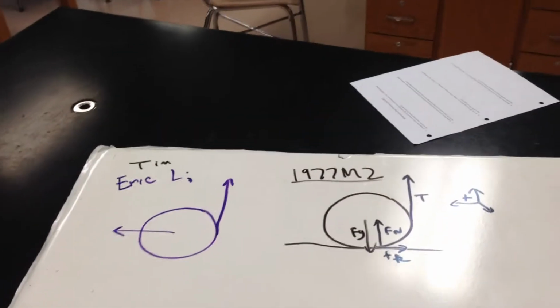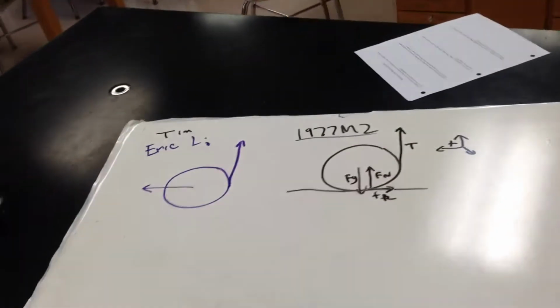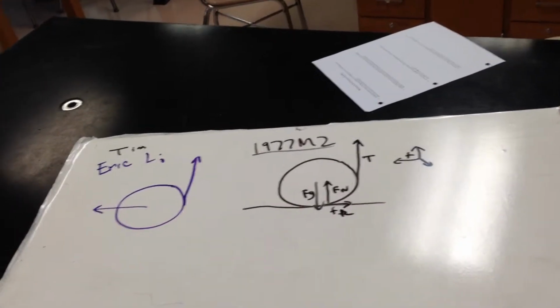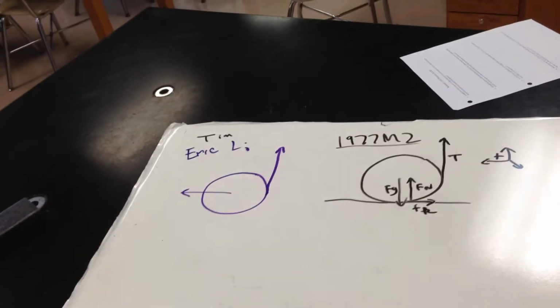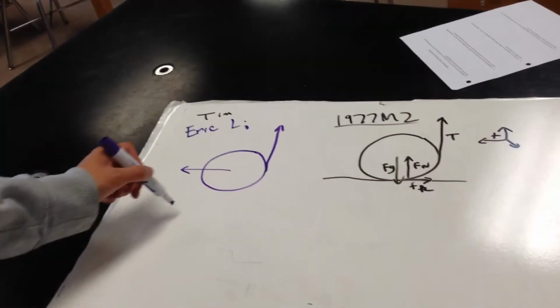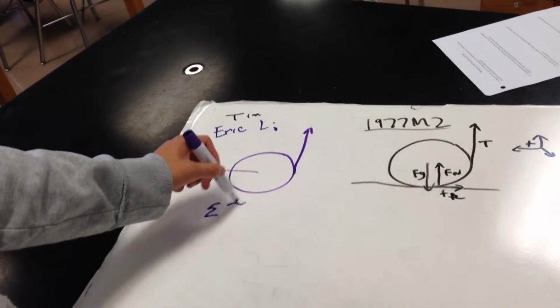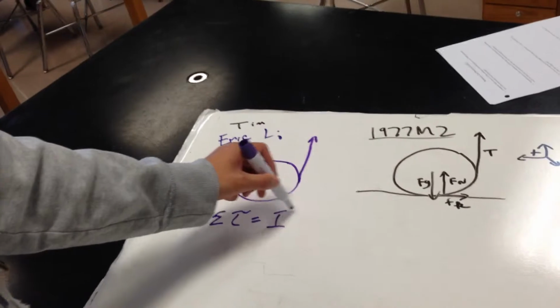Alright, so now we're going to try and calculate the angular acceleration of the cylinder. Oh wait, no, the linear acceleration of the cylinder. Alright, so we're going to first write out our summation equations like good students. So here's our torque summation equation.